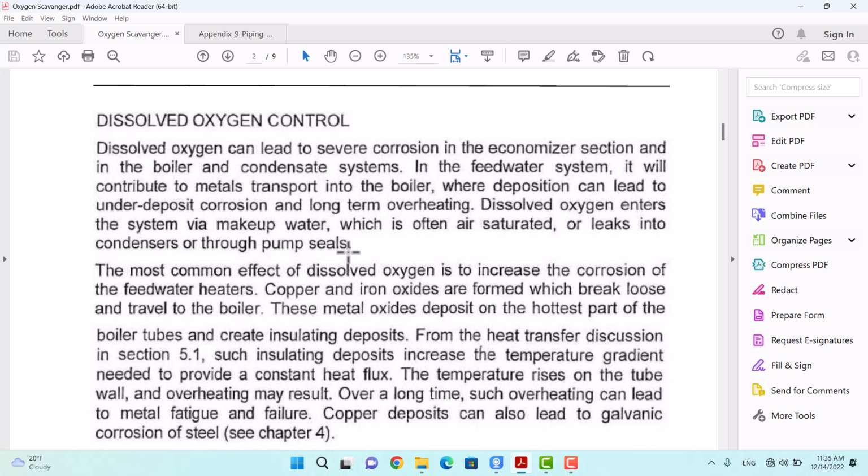I've used it for many years, and it has proven itself in many industries, including the oil and gas industry. So this excerpt is mainly taken from the AWT, and I highly recommend you go to that or download the AWT handbook and improve your knowledge not only in oxygen scavengers but also in other areas of chemicals.